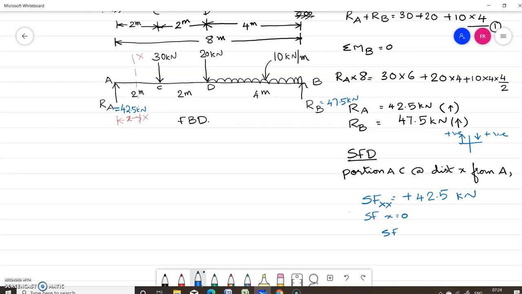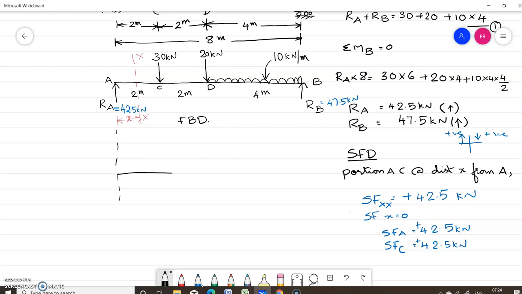That is, shear force at A is equal to 42.5. Shear force at C is also equal to plus 42.5 kilonewton. Okay, so we can draw the shear force diagram for this portion AC.